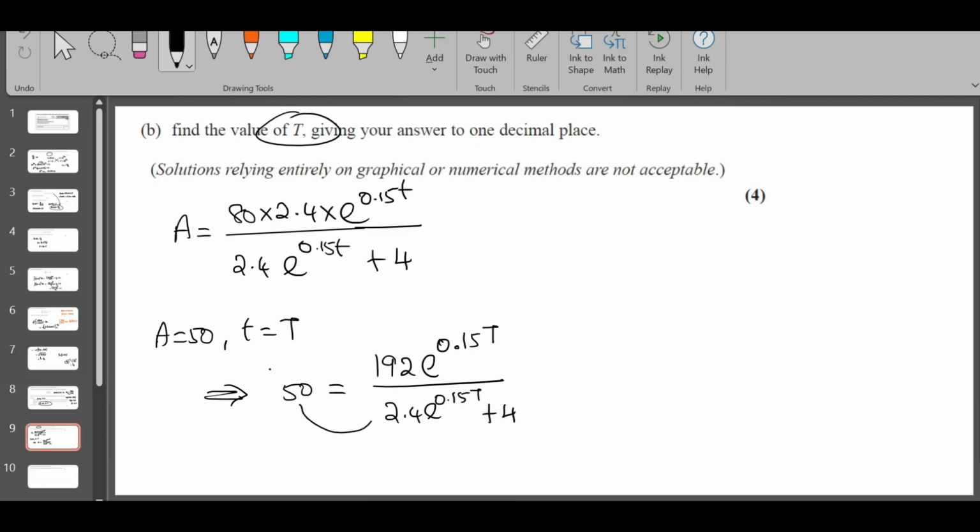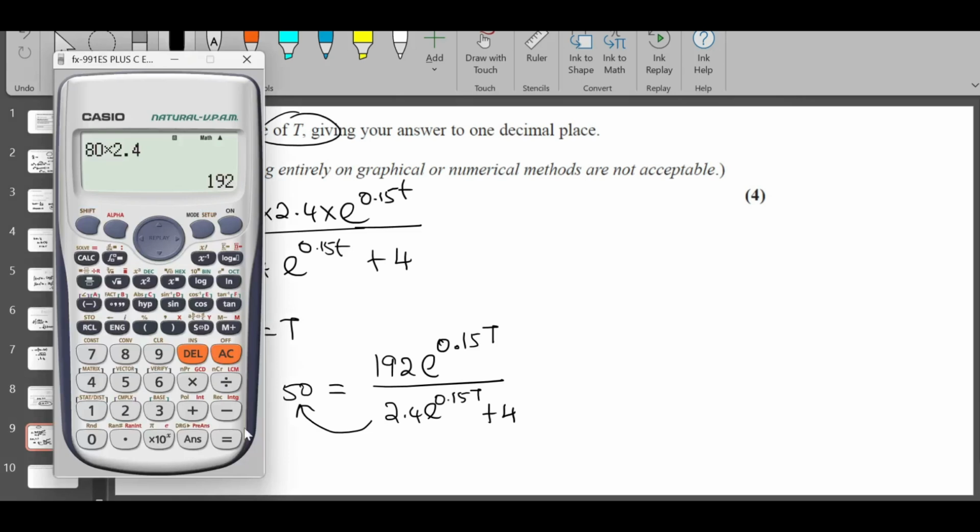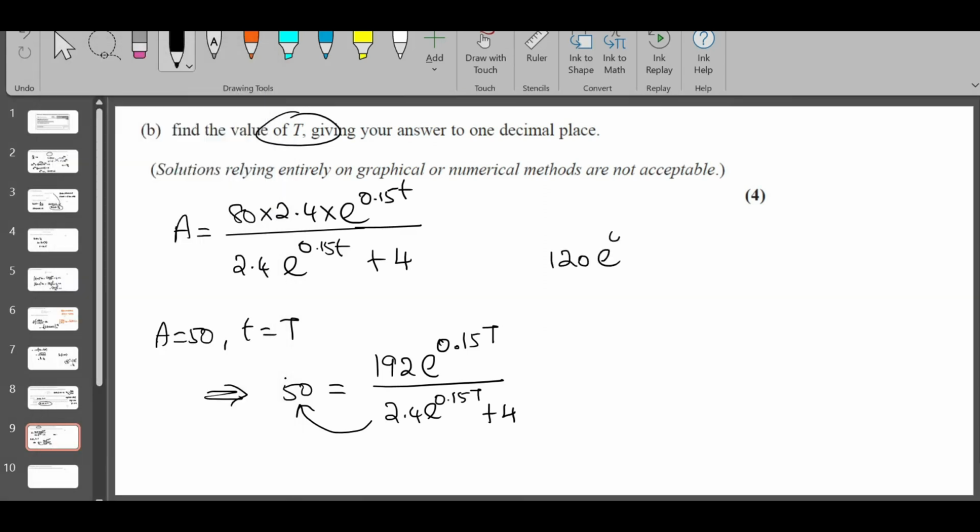We are going to make T the subject. Bring the term here. So 50 times 2.4 is 120 e to the power 0.15T. 4 times 50 is 200 is equal to 192 e to the power 0.15T.